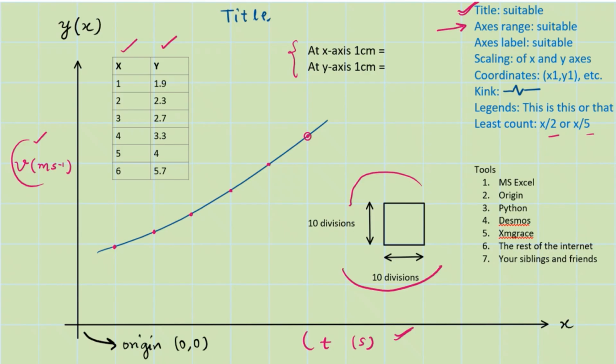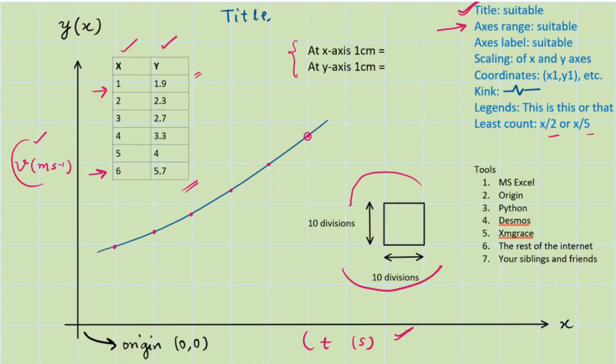You have to choose the axis range depending upon the limits of this data set, like you have some upper limit and some lower limit. So depending on that, you have to set the range, like your x. Let's begin with x. x starts from 1 and ends with 6, so this is the limit for x.